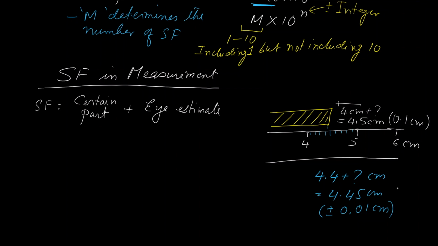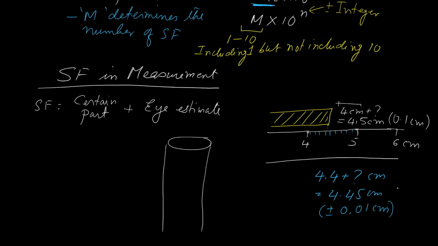Now we can take another example, like measuring water in a cylinder. Let's say we have a cylinder containing water, and this is 40 and this is 50, and in between there are 10 divisions.